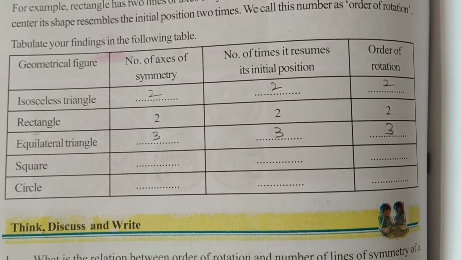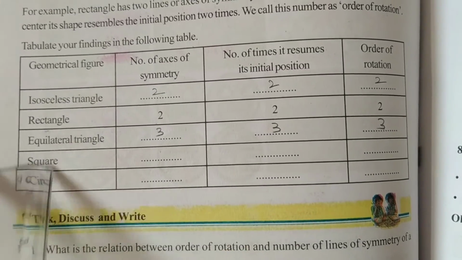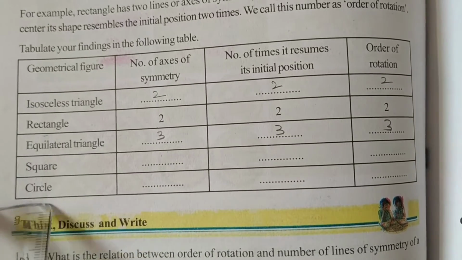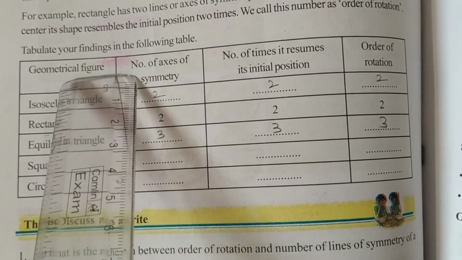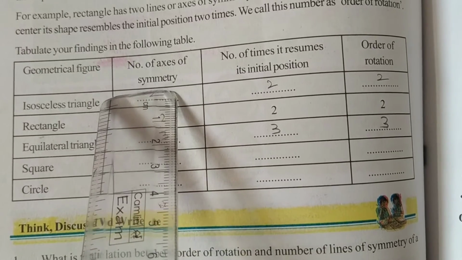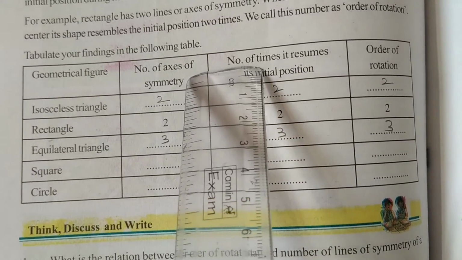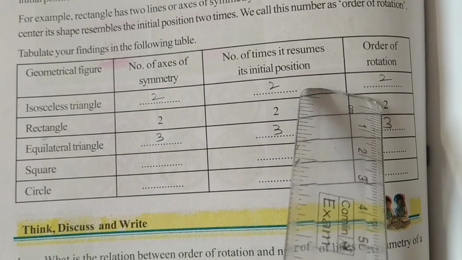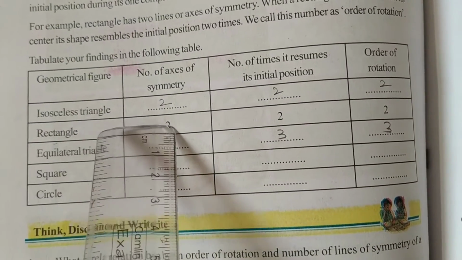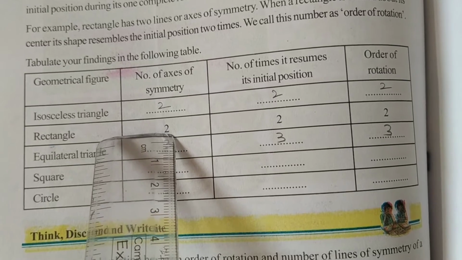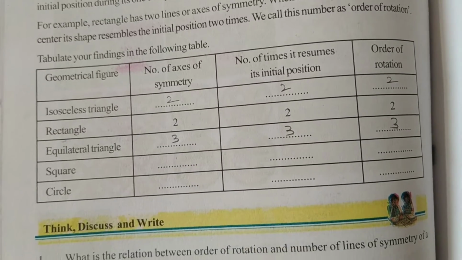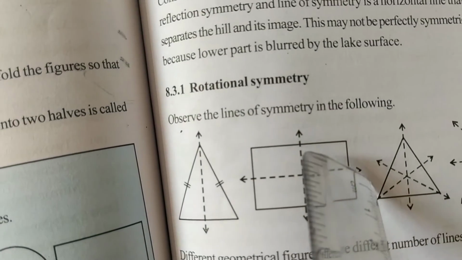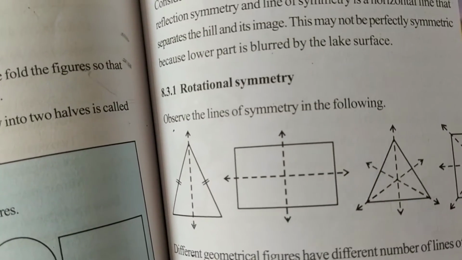Next see here this figure box. Here already mentioned are the isosceles triangle, rectangle, equilateral triangle, square and circle. The number of axes of symmetry and the number of times it resumes its initial position, the order of rotation. First see the rectangle, students: the number of axes of symmetry is 2. See here, two axes of symmetry are there for the rectangle.